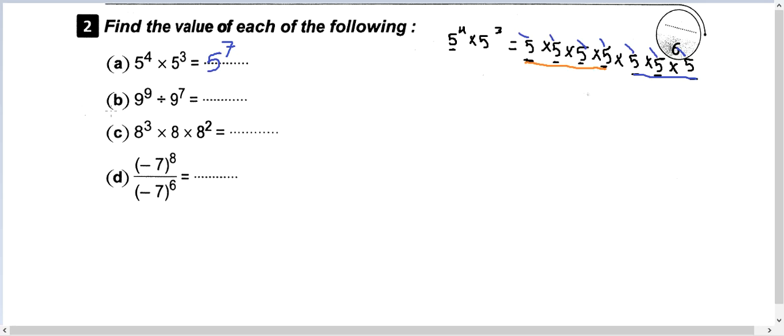Question number B, he said 9 to power 9 divided by 9 to power 7. Here we can make a fraction. 9 to power 9 means 9 how many times? 9 times, 1, 2, 3, 4, 5, 6, 7, 8, 9.